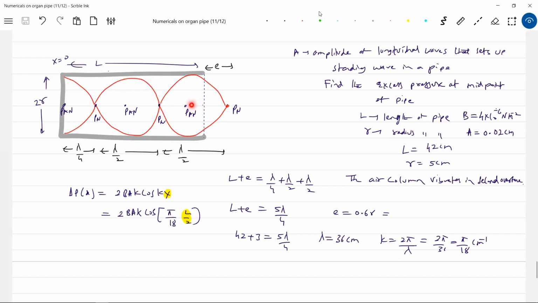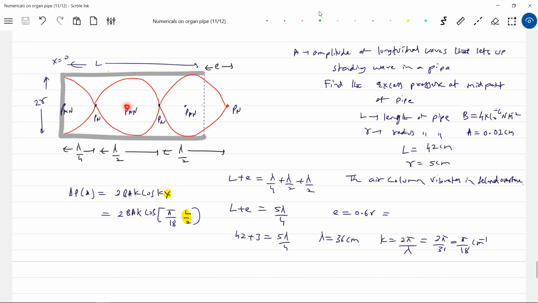This cannot be equal to this distance, no. So is it L by 2? Somewhere it lies here. Am I right? Check it. L by 2 will lie somewhere here. The point where he's asking for the excess pressure is somewhere in this region.